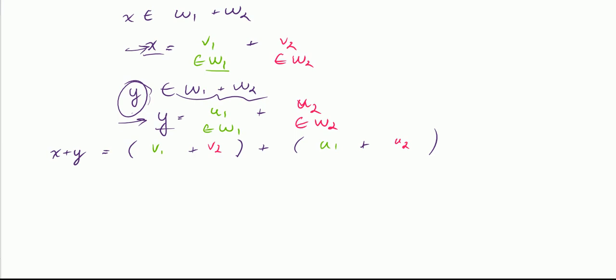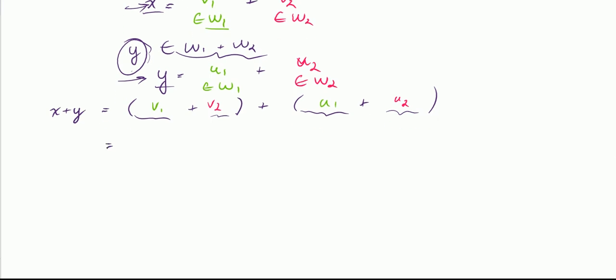Okay, well, what I can do now is I'm going to group the green elements, in other words, the elements that belong to W1 together, and the red elements, or in other words, the elements that belong to W2 together. So what I'm going to get is V1 plus U1 plus V2 plus U2.